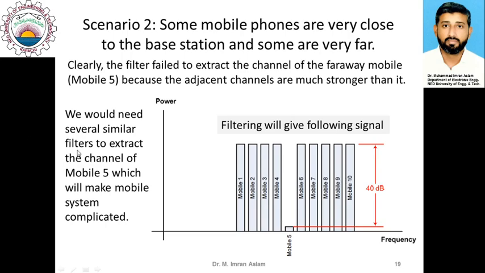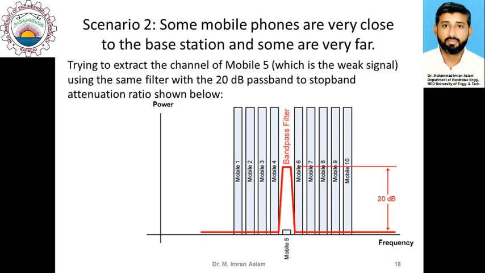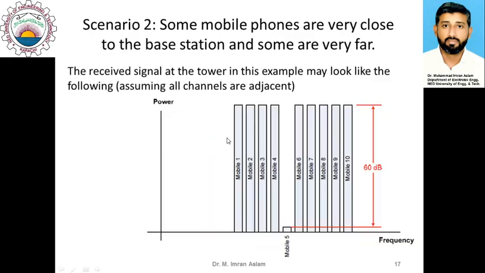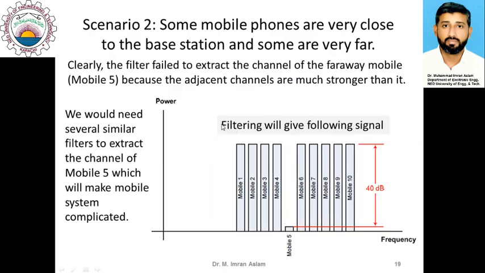There is one possibility that we use multiple filters, but that will make the overall system complicated, because instead of one filter you will have multiple filters, which will cause processing delay as well as overall processing burden on the system, and also increase its complexity. So you can see that whenever we have this near far effect, the problem of adjacent channel interference becomes significant.